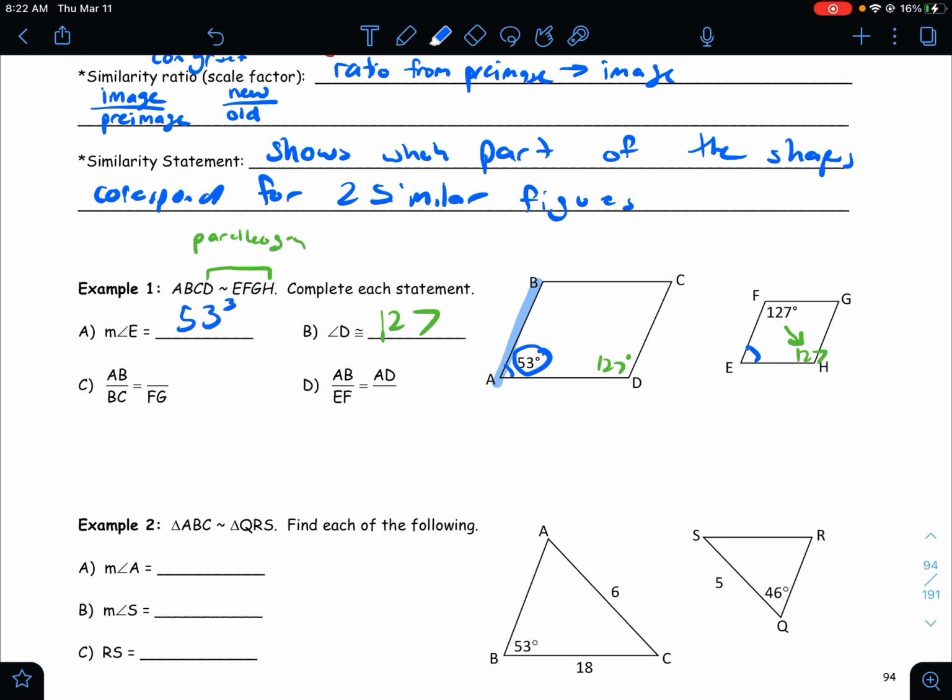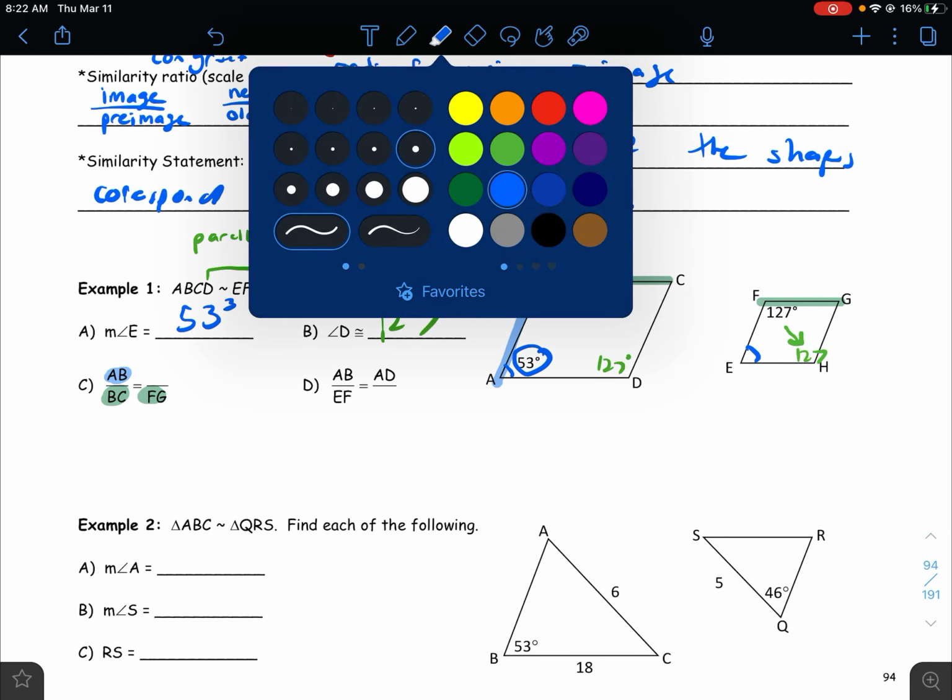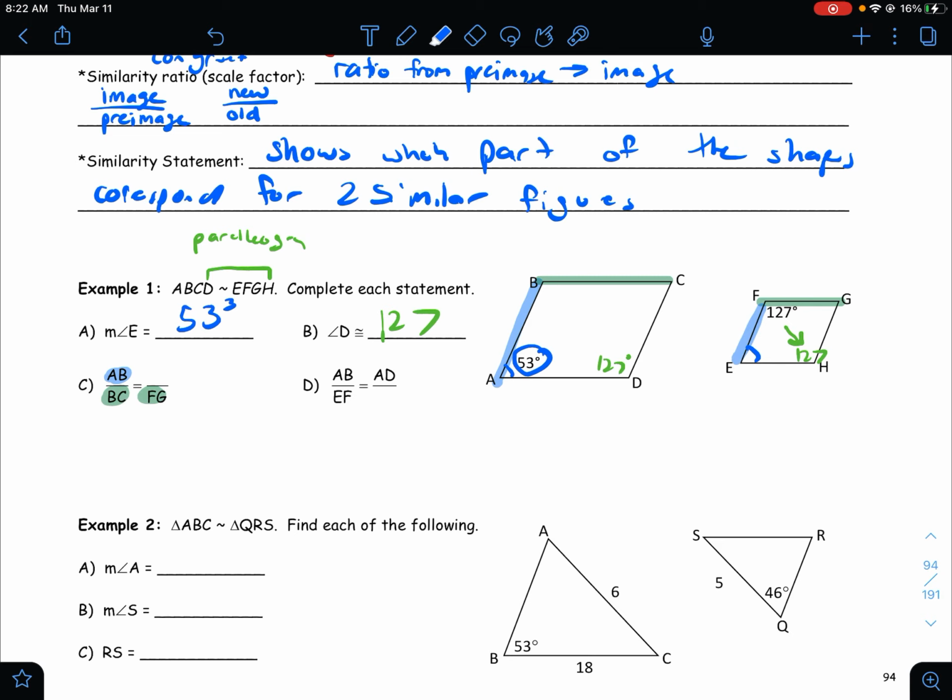They give us AB, which is this part here, and then they give us BC, which is this part here, and then they give us FG, which goes there. Now we have to figure out what part should go on top with AB. That's going to be AB's buddy, so it's actually going to be this guy here, FE.